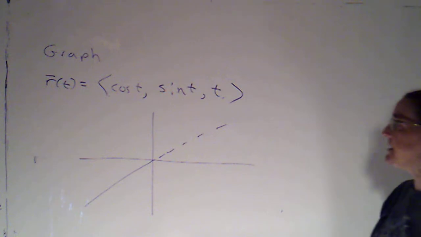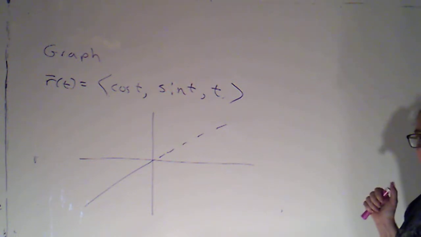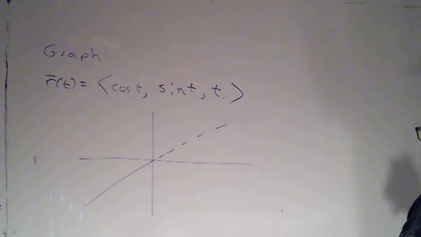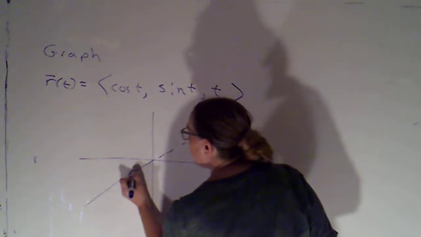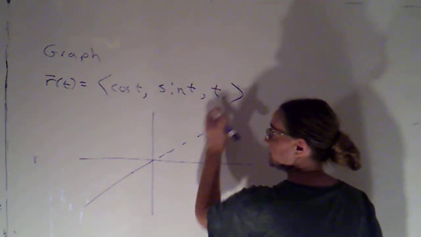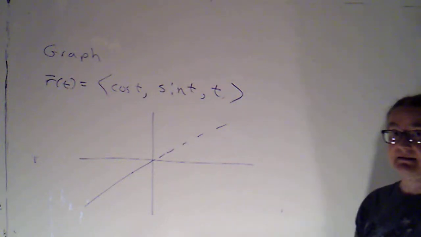So here's 3 space. At time 0, just to give me a nice starting point, although I'll then extend in the opposite direction because t can be negative, I would be at the point 1, 0, 0. I'd be on the positive x-axis.